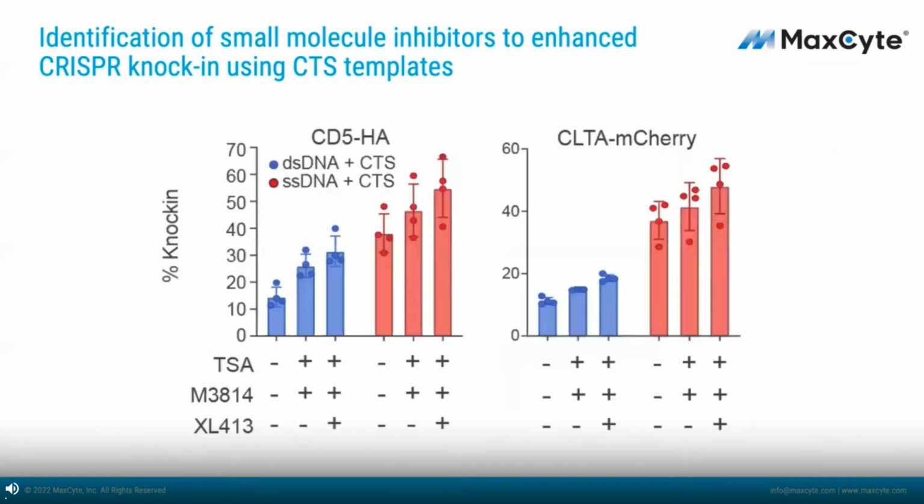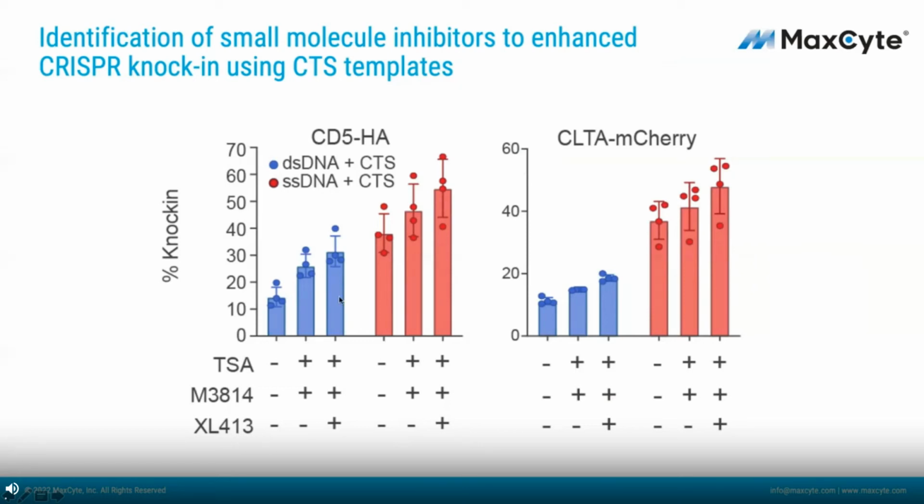And so what these groups did was then take these drugs either by themselves or in combination and apply them to either the double-stranded DNA CTS templates or the new single-stranded DNA CTS templates, and ensure that these combos of small molecule inhibitors did indeed increase the knock-in efficiency for the template types.